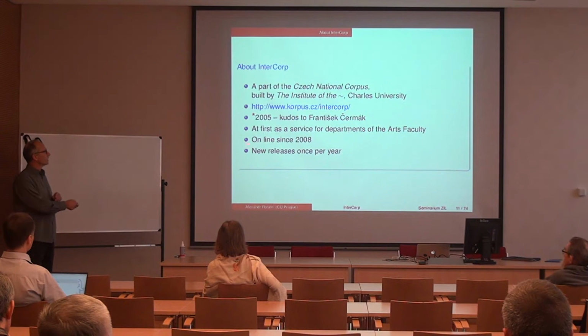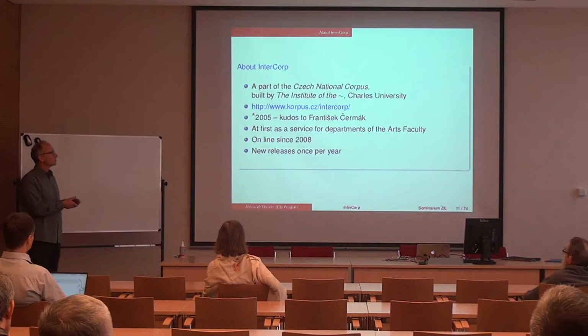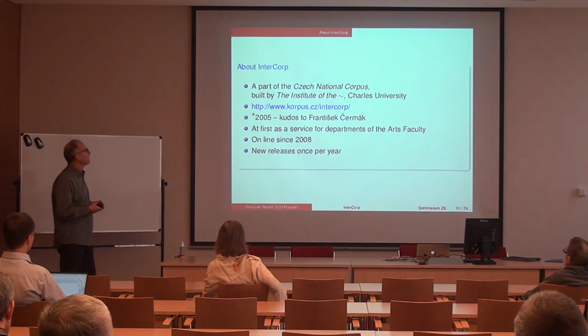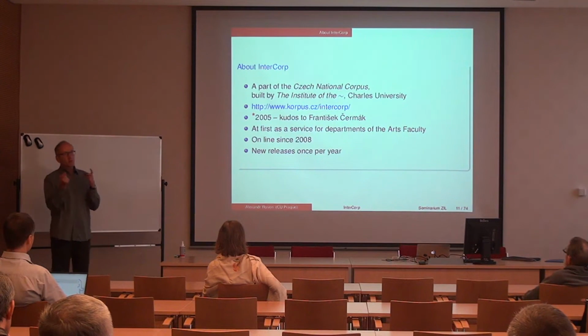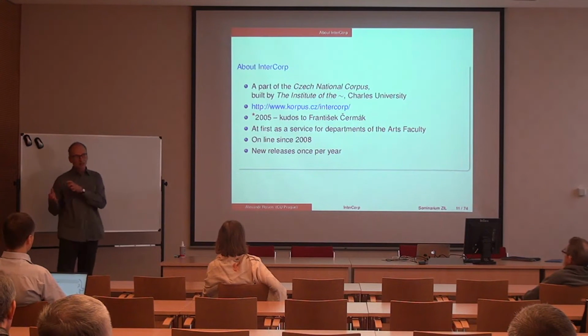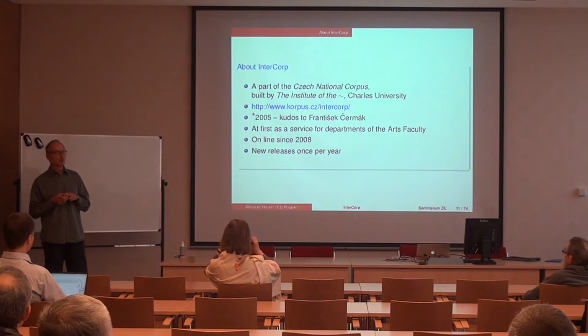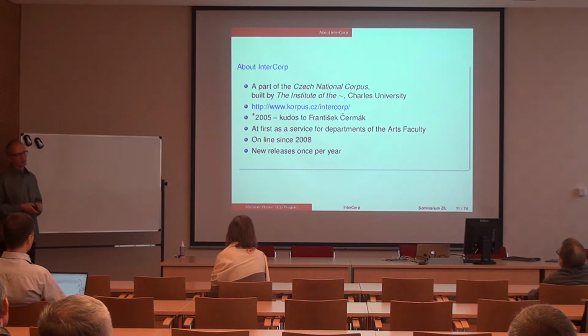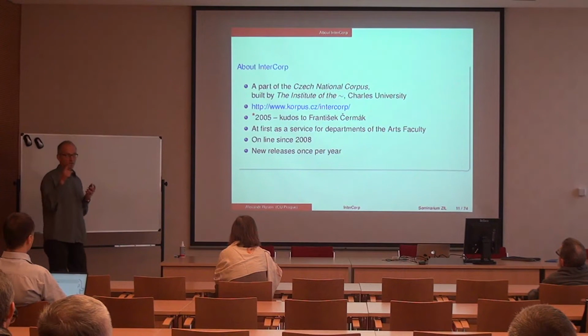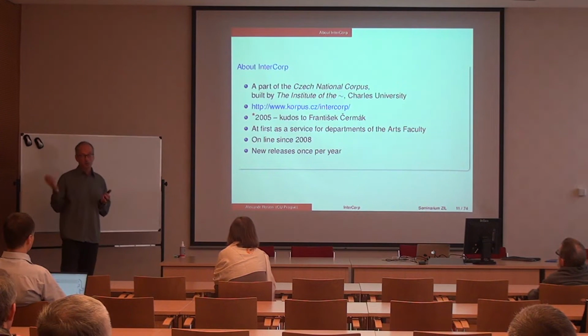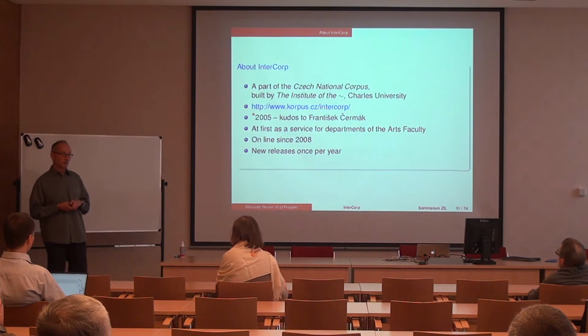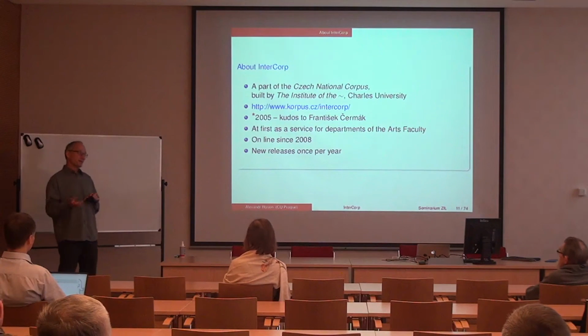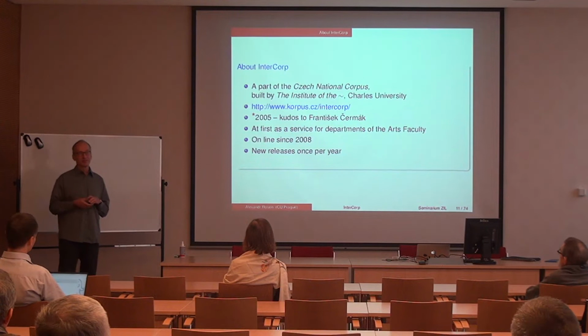It had to wait until 2008 when there was the first version. It was first meant as a service to linguistic and philological departments of the arts faculty. And we have new releases once per year, more or less, since 2008. So we are now at version 11. I was hoping that version 12 would be online already now, but I hope it will be very soon. Yeah, maybe 2 weeks.